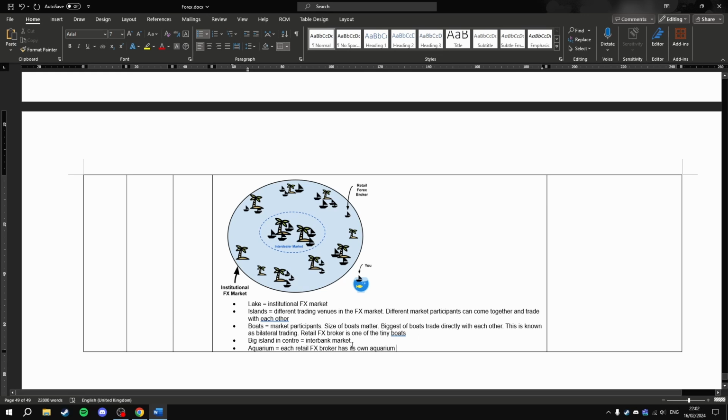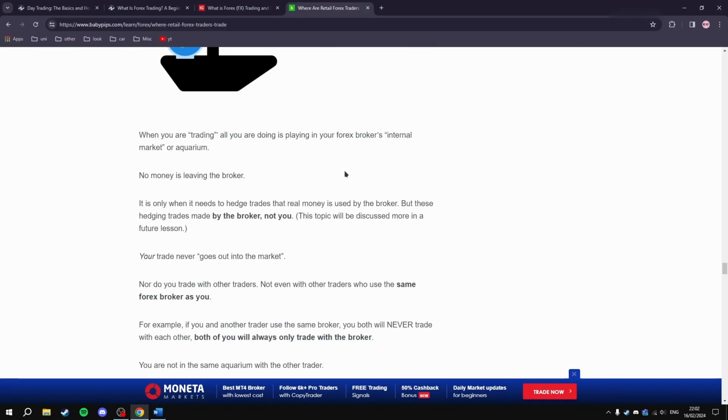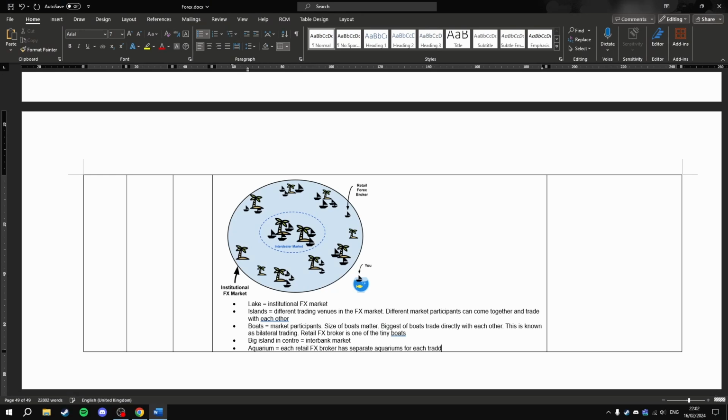Each retail FX broker has separate aquariums for each retail trader to simulate the institutional FX market.